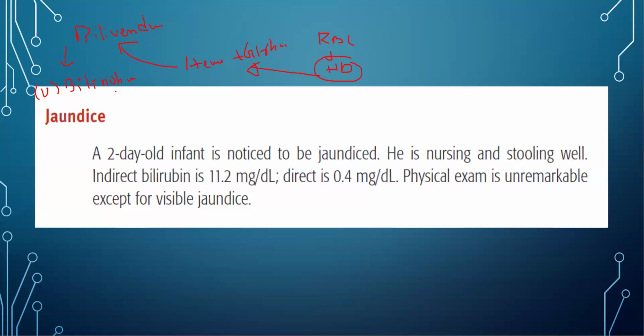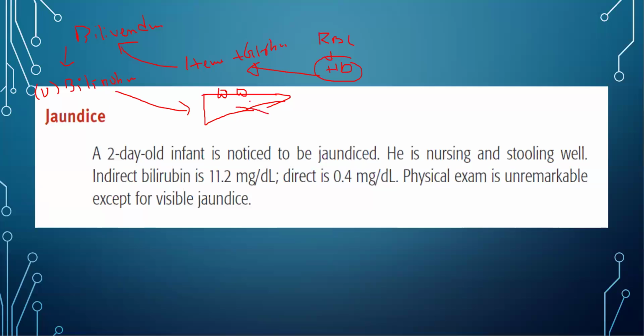Then this unconjugated or indirect bilirubin will be taken up by the hepatocyte. There is a receptor in the liver, and through this receptor, the unconjugated bilirubin will go inside the liver, and in the liver, by an enzyme, that unconjugated bilirubin will become conjugated bilirubin.